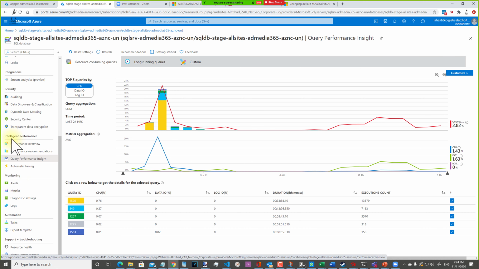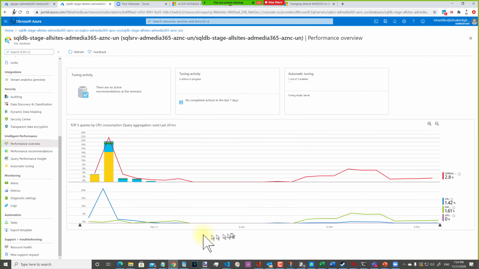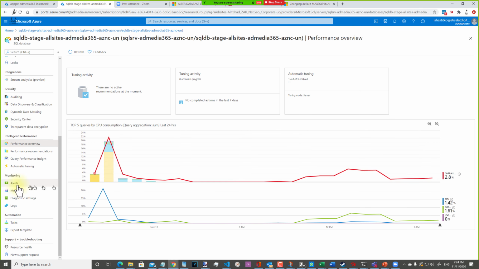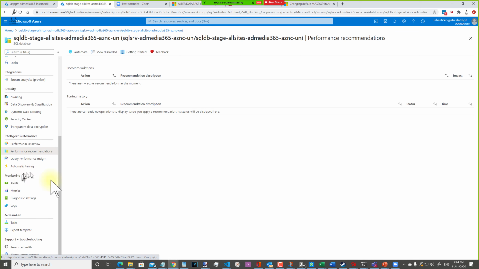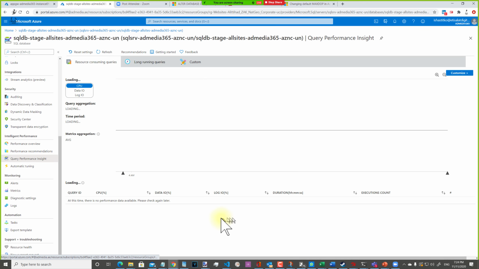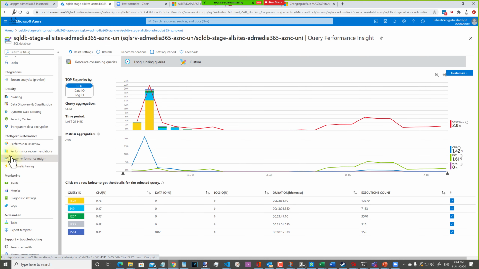Any Azure SQL database has the right options, and there you can find the performance overview, with the parameters, with the use of the DTUs, etc. There are performance recommendations that happened last time. There is automatic tuning with the configuration, and the most important part, it's a part of Query Performance Insight, where you can check and configure all needed parameters.